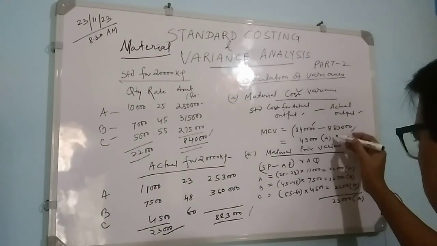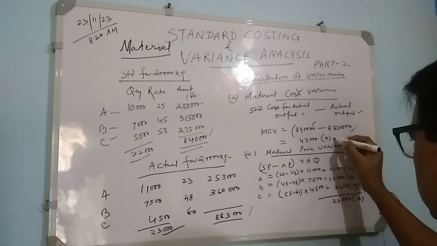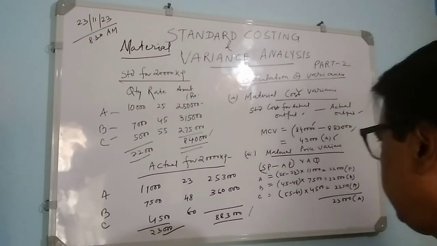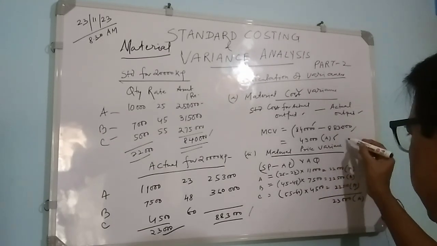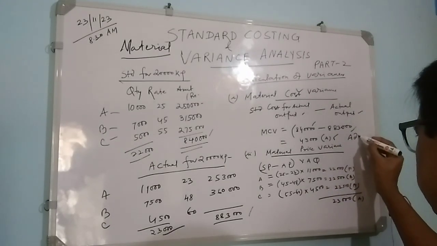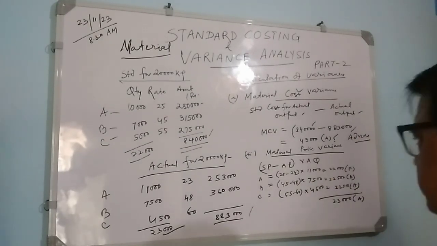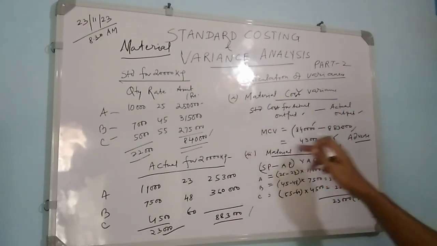In our standard costing system, any unfavorable variance we take as adverse, ADVR. This is the material cost variance.